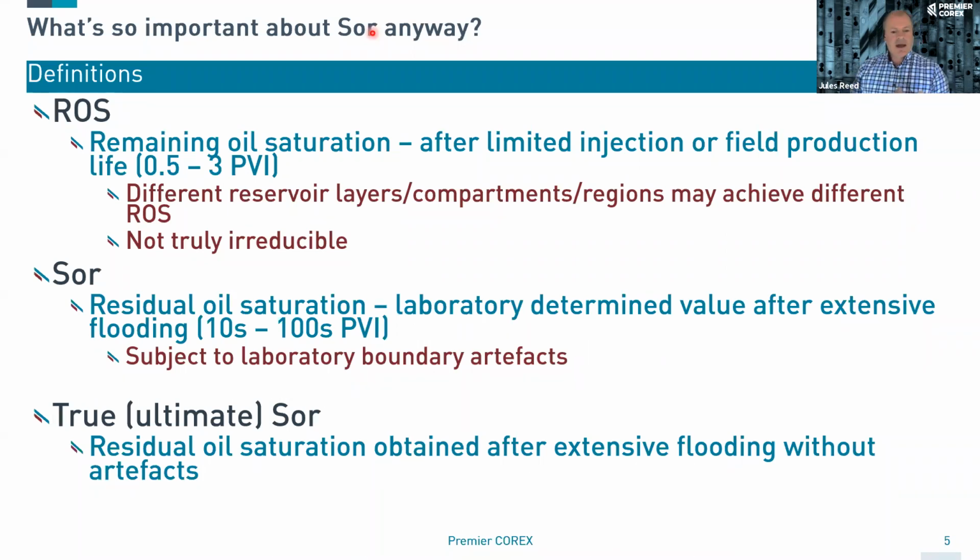When I talk about residual oil saturation, it's usually a laboratory term of this is the maximum throughput, or the minimum residual remaining after, say, tens or hundreds of pore volumes of injection. Now, that's not going to happen in the field, but it's also subject to certain artifacts of the laboratory process.